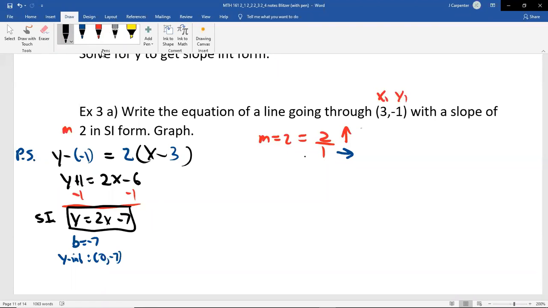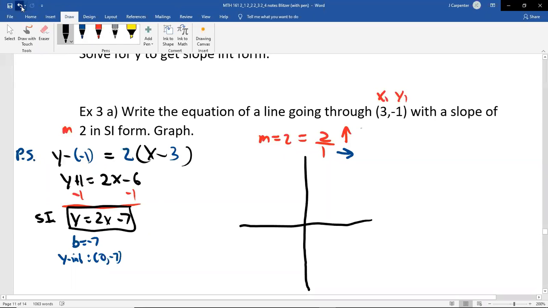So 3 comma negative 1. And let's do this. I can make that a little better. We can rebuild it. We have the technology. Dang. And you're probably thinking, Mr. Beckner, why don't you just use a ruler?